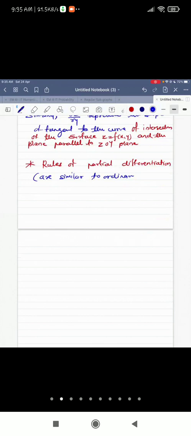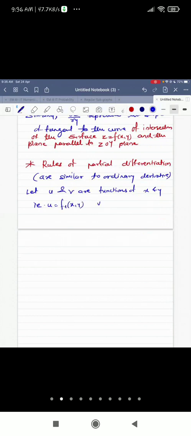For example, let U and V be functions of x and y, that is, U equal to f1(x,y), V equal to some function f2(x,y).